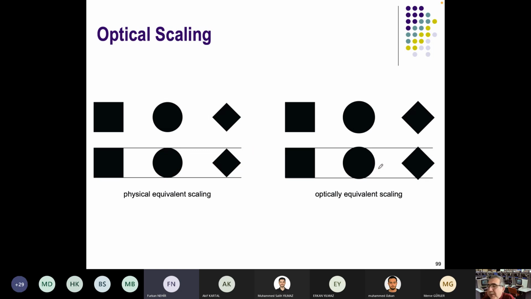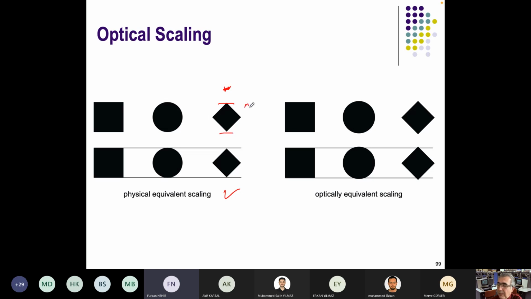That's what we call optical scaling. In the first figure, the sizes are equal, but the perception of these three figures is that this one looks smaller, because the total area is perceived rather than the upper and lower edges.